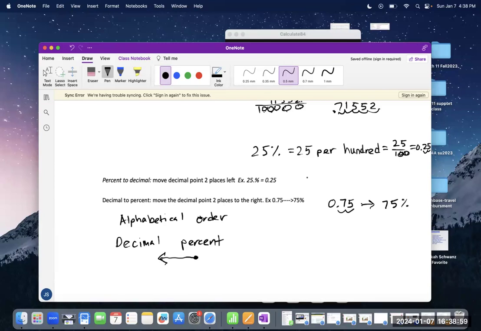That's why for the first one, because we're going from percent to decimal, we were moving to the left. If I wanted to convert from decimal to percent, I'd start at decimal and go to percent, and this arrow points to the right. So it helps me remember that whenever I convert from decimal to percent, I move to the right.